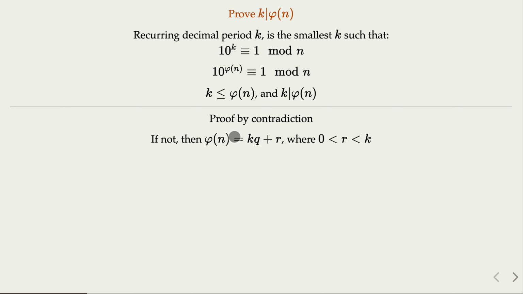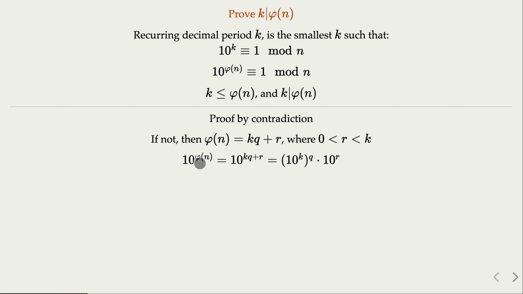Since phi n is not divisible by k, the remainder is non-zero. That is, the remainder is smaller than k, but greater than 0. Alright, so notice that then 10 raised to phi n is going to equal this expression here. We know that 10 to the k, we assume, is congruent to 1 mod n. And 10 to the phi n, by Euler's theorem, is also congruent to 1, right?